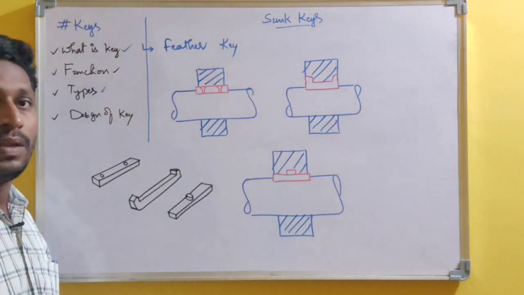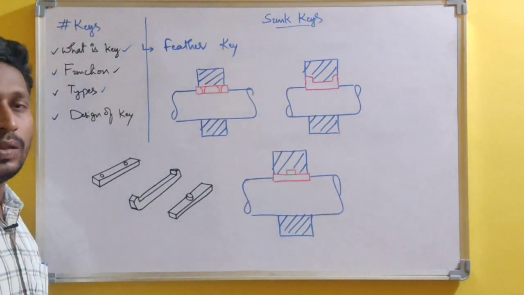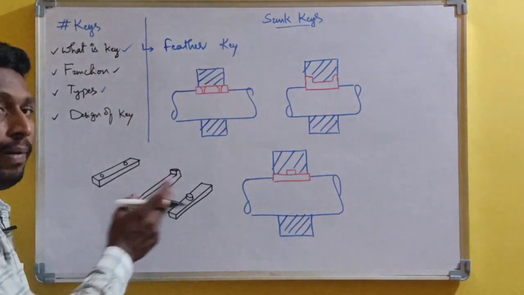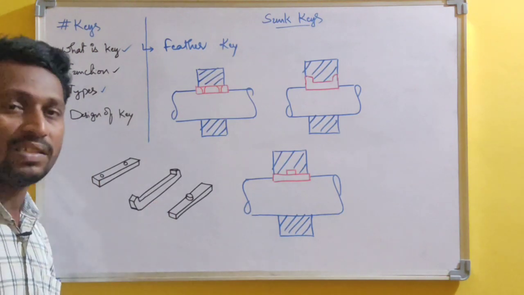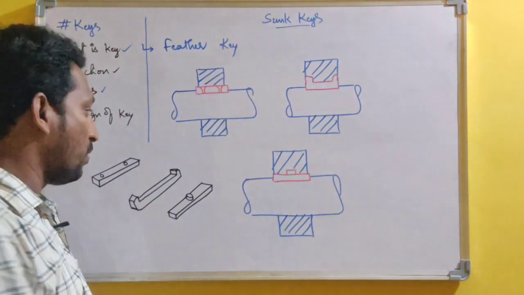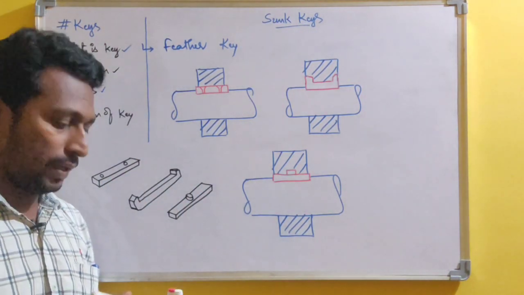Previously a small hole is provided internally in the hub. So these are the various kinds of geometrical shapes we have made for providing high strength for the entire joint. So the difference here is only the geometrical shapes of these keys.